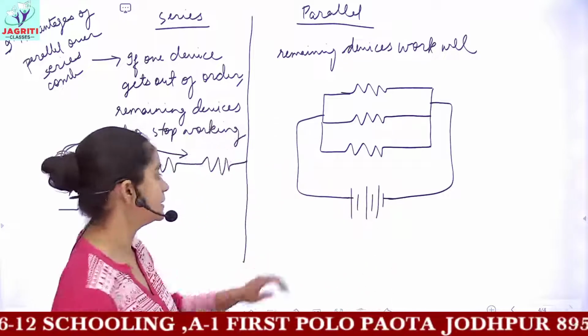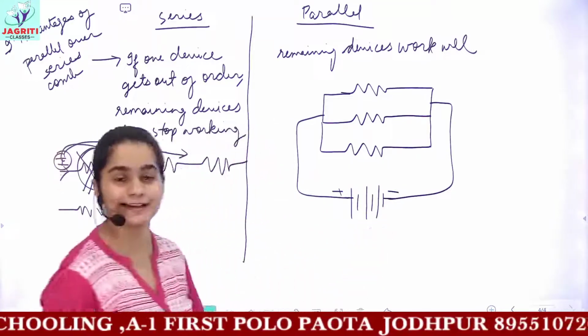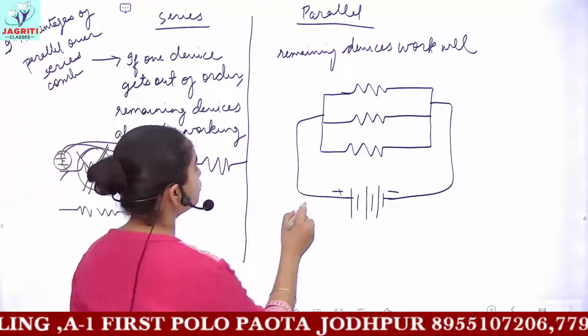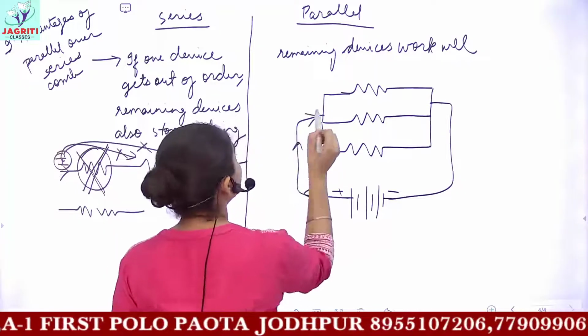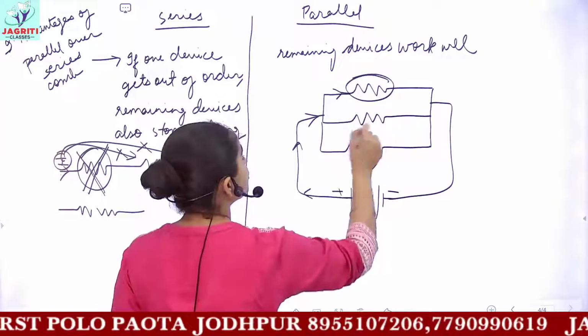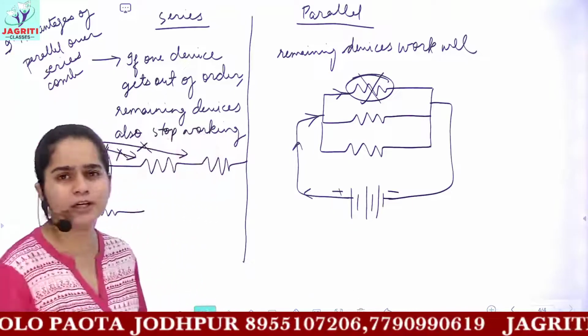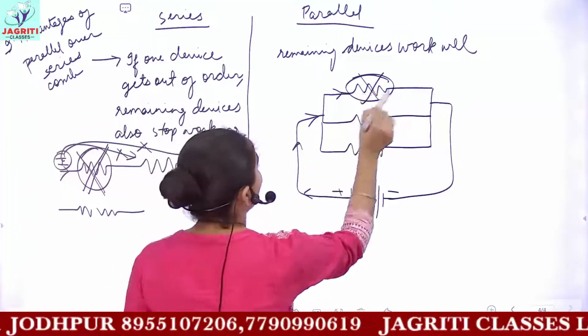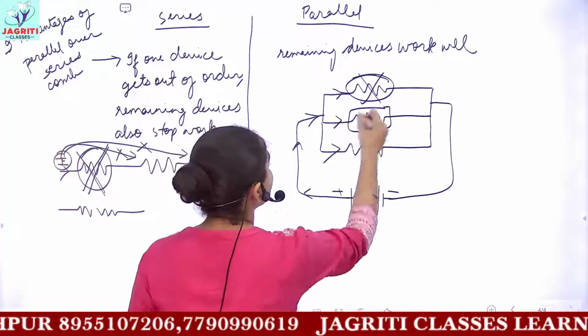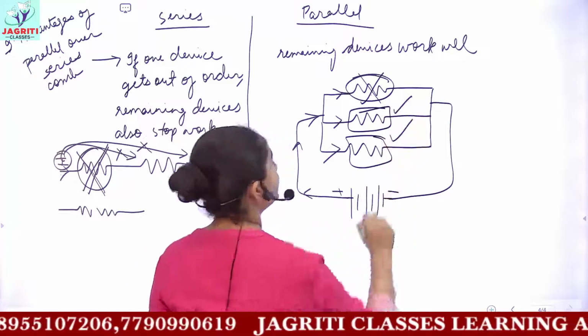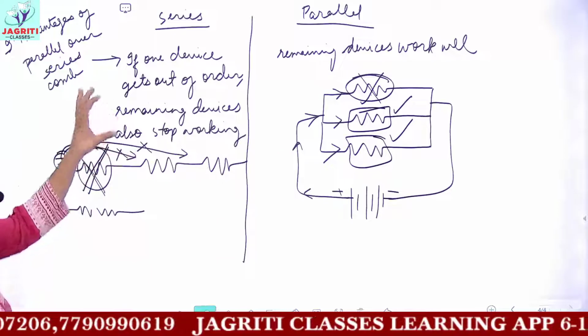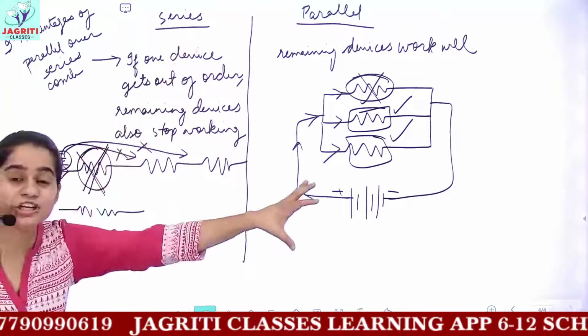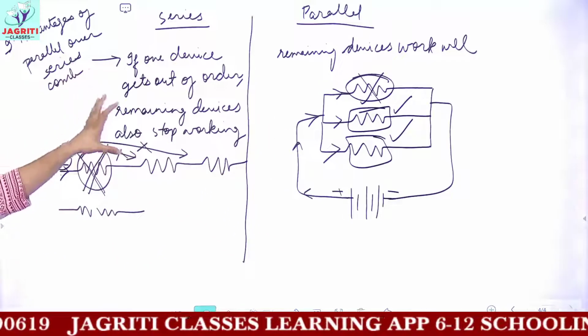This is your potential source, that is your battery. So the current which is flowing here, when this device, let's suppose, got out of order due to any fault in its circuit, there is no worry, because the remaining devices would function well. So this is the advantage of parallel combination over series combination.